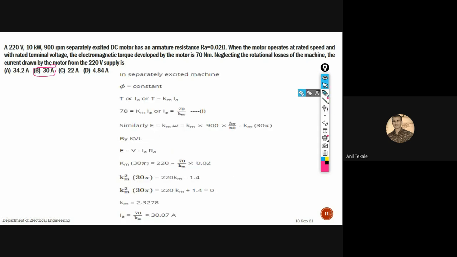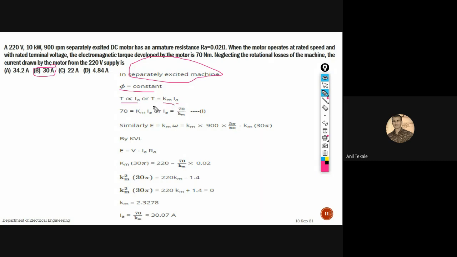See, the first thing they told us is that it is a separately excited motor, which means its flux is a constant term. Second, we know that torque is directly proportional to the armature current, and that is why we can write T is equal to phi m into Ia.